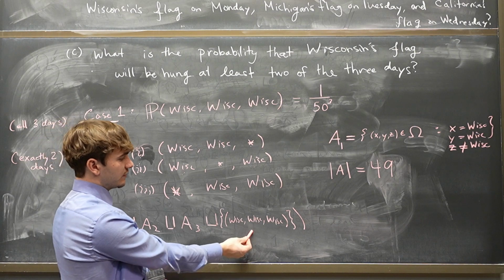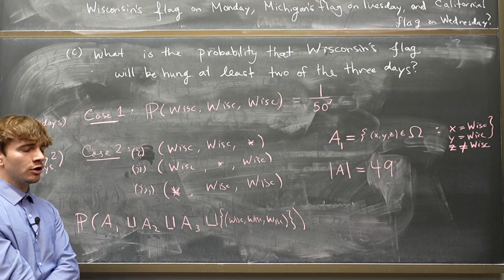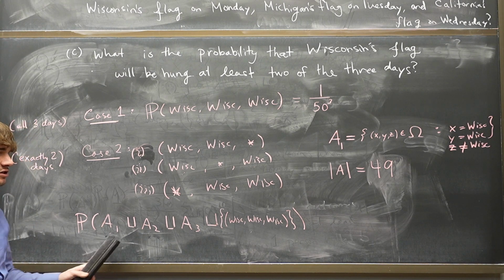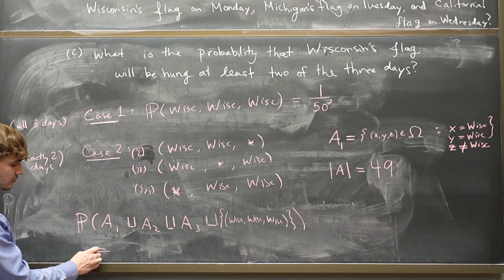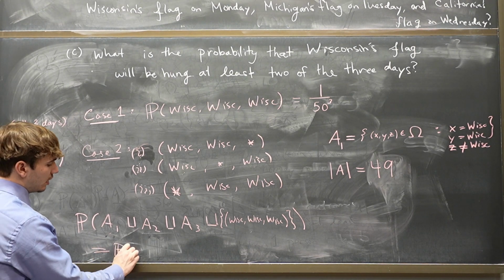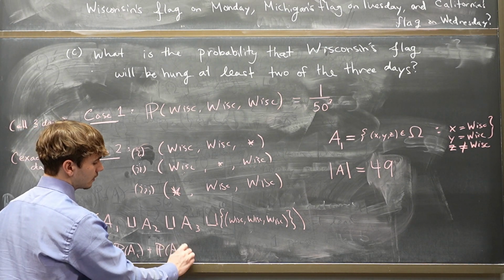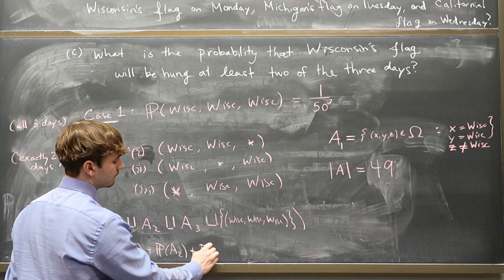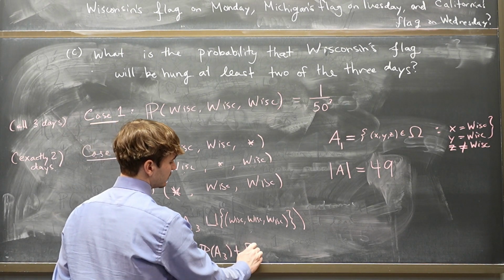And then finally, we've included the singleton event where we chose Wisconsin all 3 of the days. Because these are disjoint events, I can sum over them. So I get the probability of A1 plus the probability of A2 plus the probability of A3 plus the probability of this singleton.